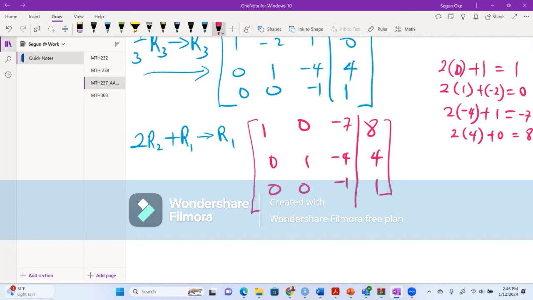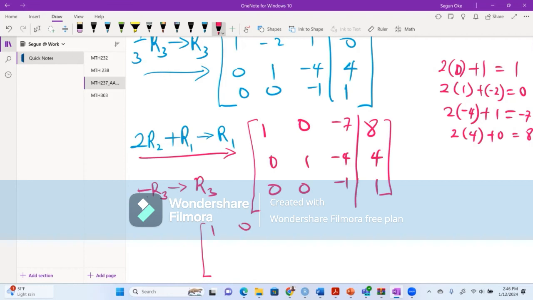So I can go ahead and multiply R3 by -1 to get the new R3. So what do we have here?